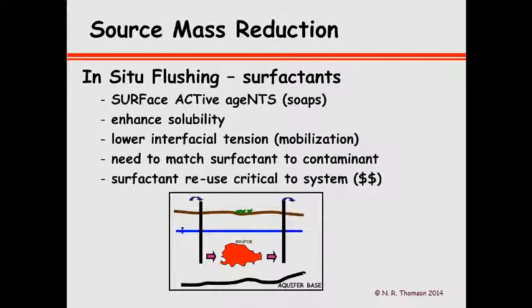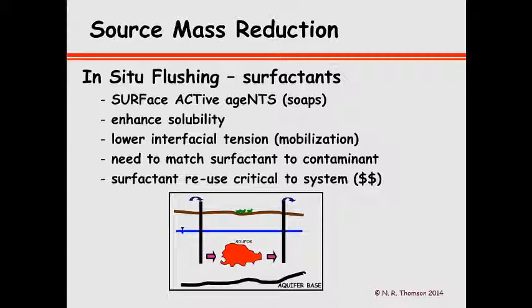If the flushing fluid happens to be surfactants or surface active agents like a soap, you would then enhance the solubility, perhaps lower the interfacial tension of the compound which may lead to mobilization, you need to match the surfactant to the contaminant.